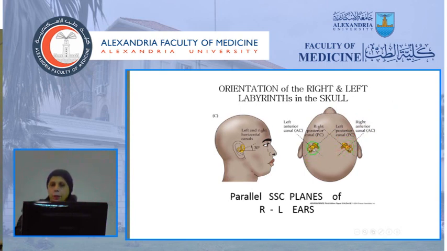This is very important, such that we have a push and pull, an increase in the firing rate and a decrease in the firing rate. Similarly, we have this in the horizontal canal.